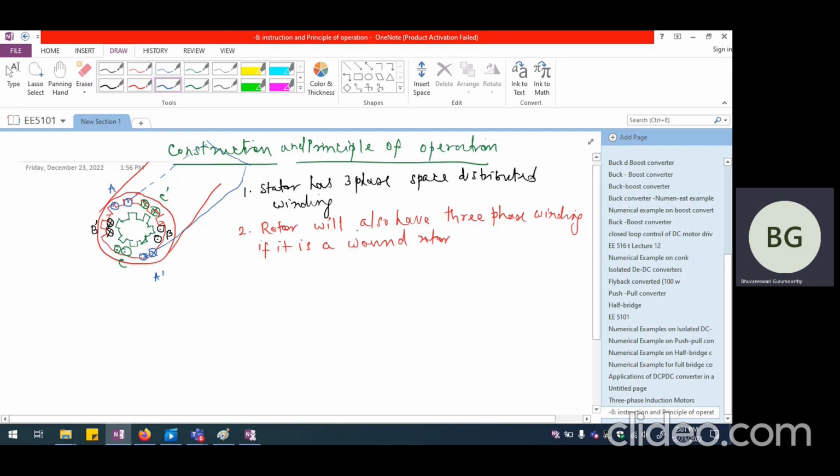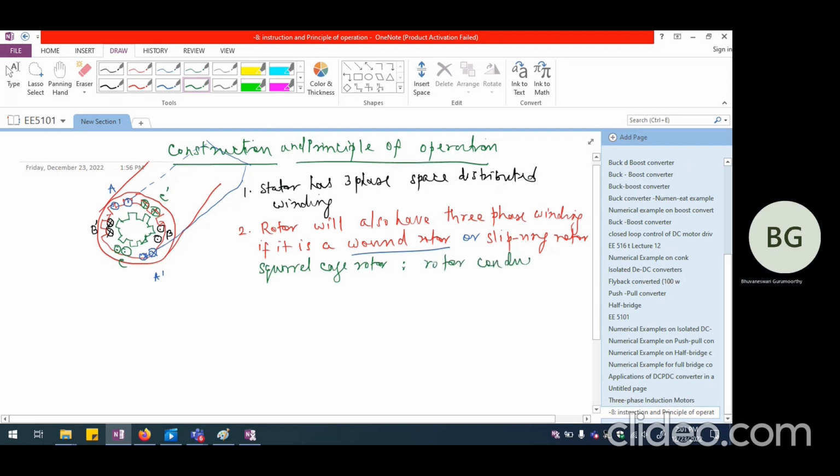So there are two kinds of rotor. One is called wound rotor or slip ring rotor. This is one of the types of rotor. And the other type of rotor is called squirrel cage rotor. The squirrel cage rotor will have rotor conductors which are arranged in the form of something like a cage. So I'm going to have an end ring, and then from the end ring, I'm going to have the conductors connected like this.